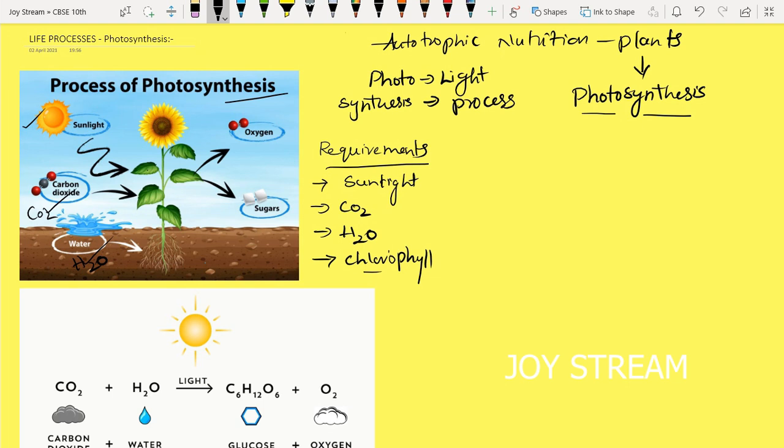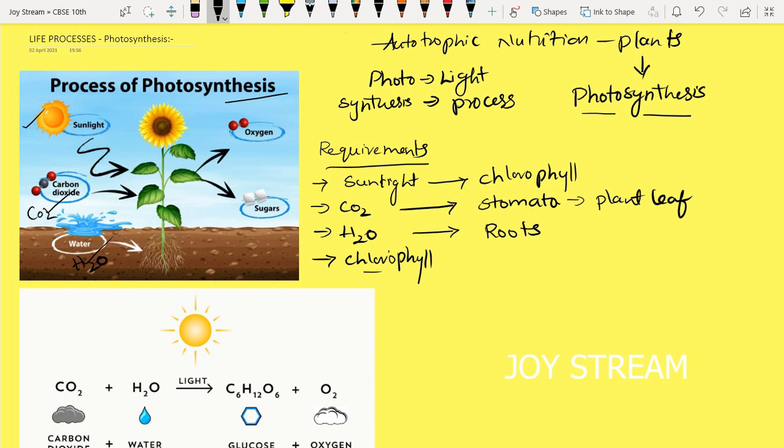So, sunlight is absorbed by chlorophyll. Carbon dioxide is absorbed by stomata. What is stomata? This stomata is also a part of the plant leaf. So H2O is absorbed by the plant through roots.